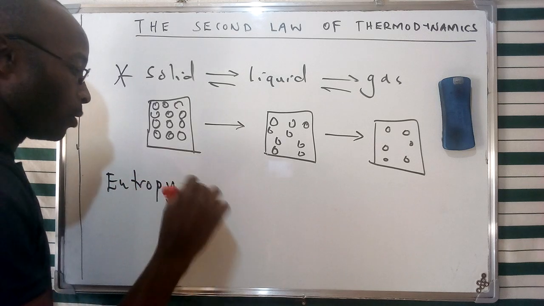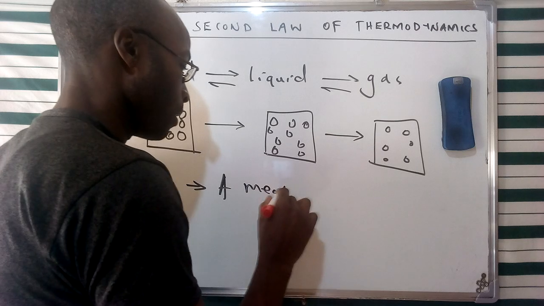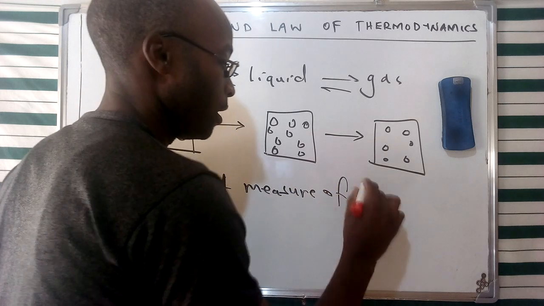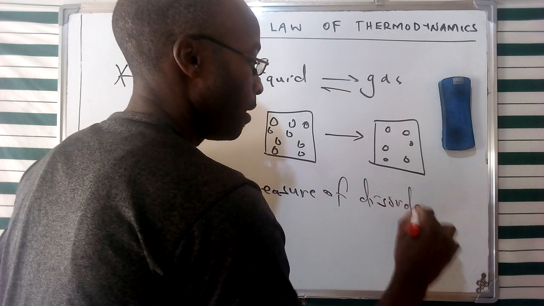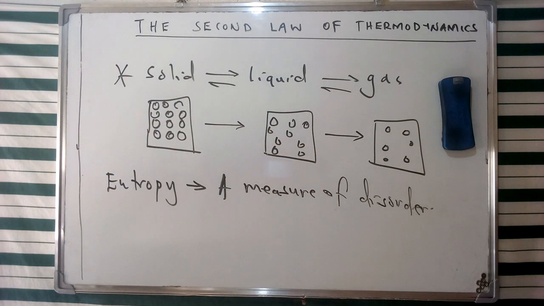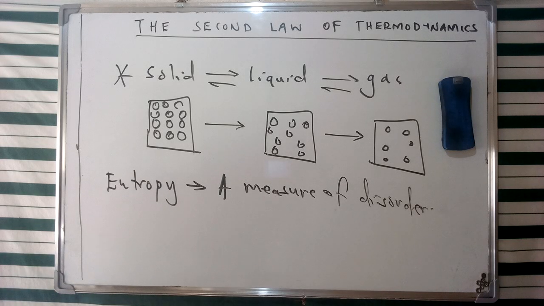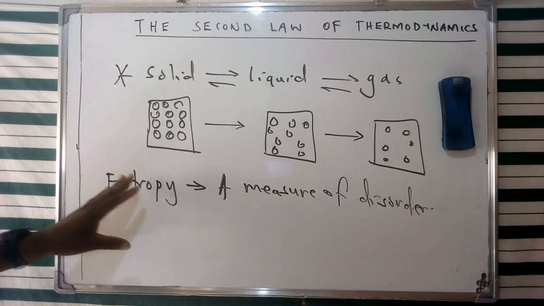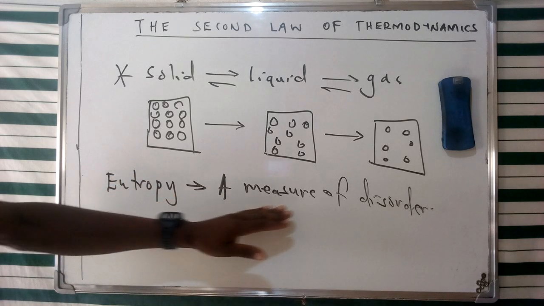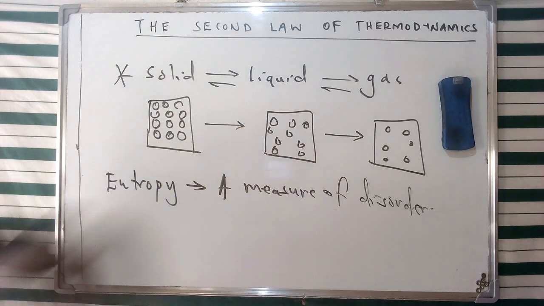So we can refer to the concept of entropy as a measure of disorder, which is going to be realized due to the transformation of phases, which I've just given an illustration of on the board. So entropy entails an increase in disorder of molecules as the phases change from solids to gases.